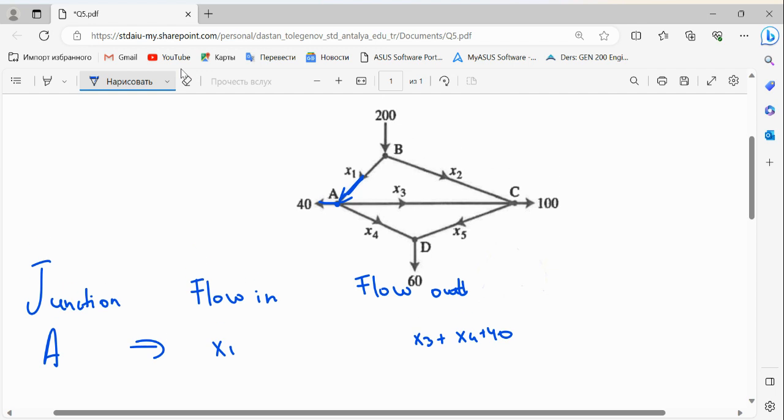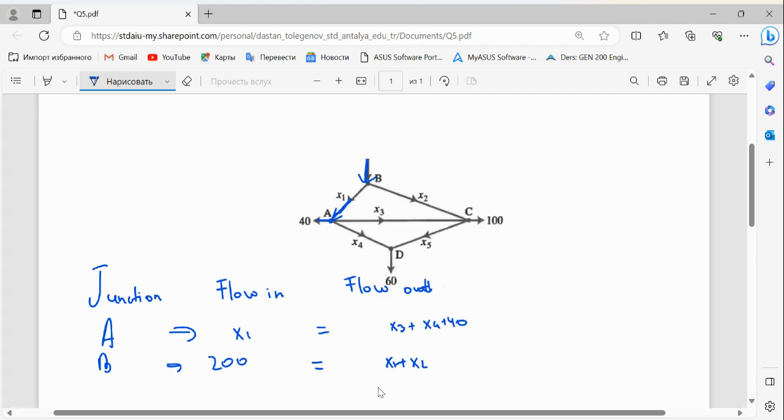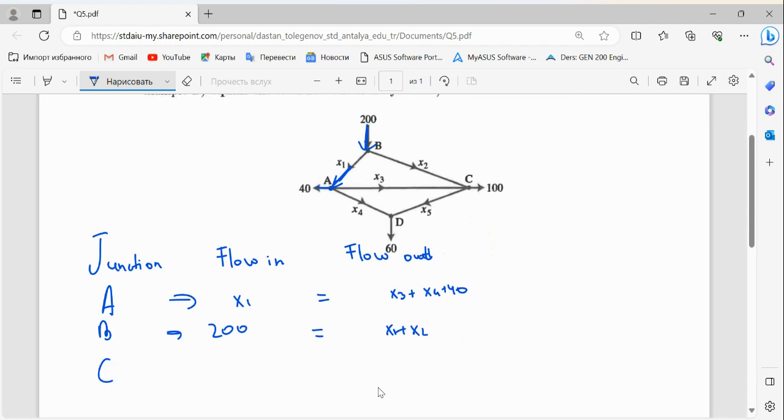Okay, what about B? Flow in is going to be 200, flow out x1 plus x2. What about C?